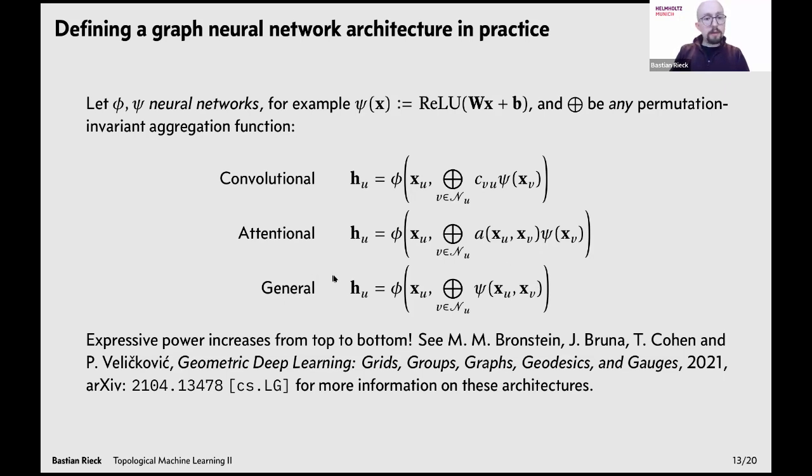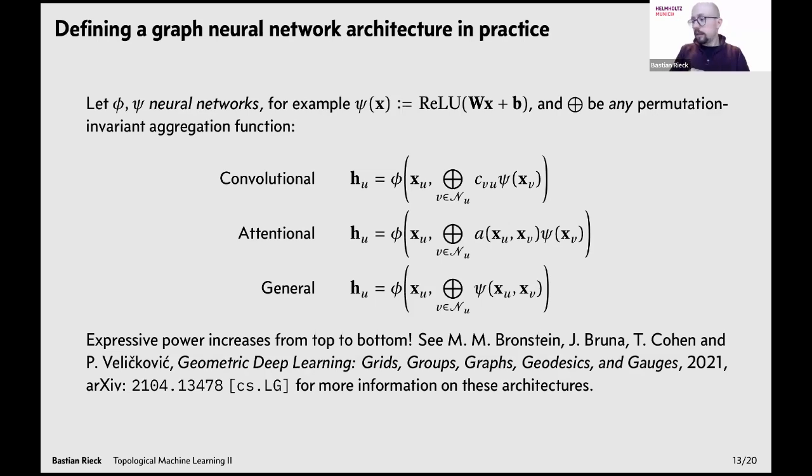Or you could have a very, very general architecture where you just throw psi into the mix, and you make the existence of an edge, or you make the transport process depend on both the source and the target. Whereas in the other types of architectures, you only use the source node or the neighbor if you want.